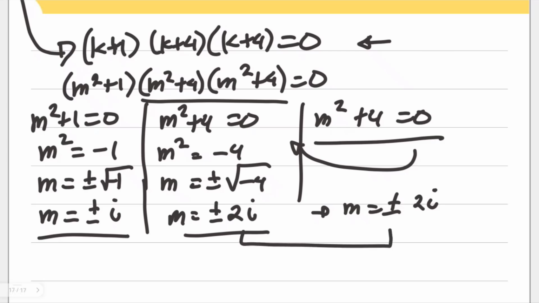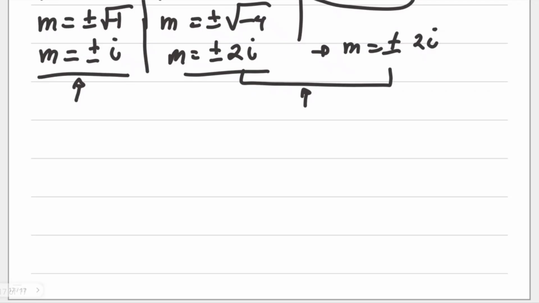Now, please be cautious with this. Since our roots now have imaginary roots that are not repeated and imaginary roots that have been repeated, we are going to combine the third and the fourth types of general solution.